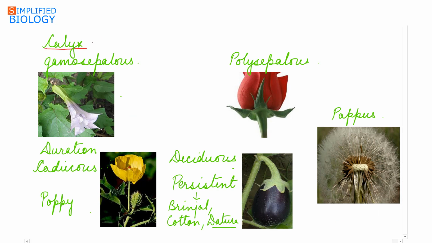Calyx, whose individuals are sepals. They are usually green in color and they protect the flower in the bud stage.